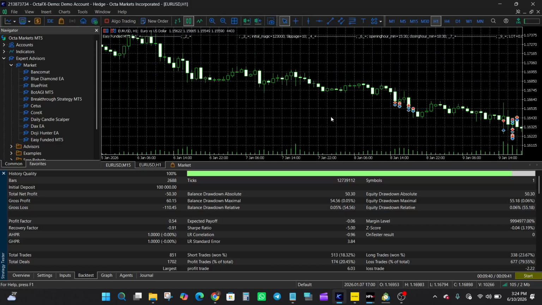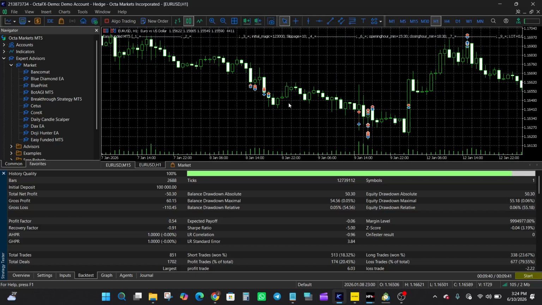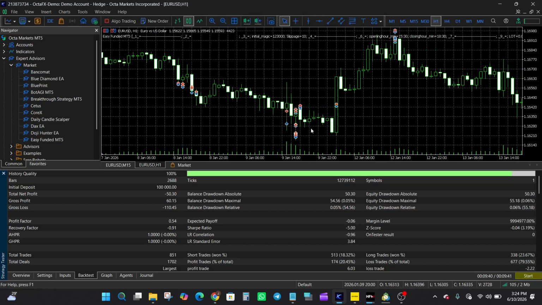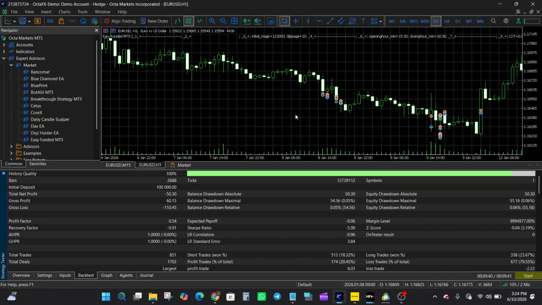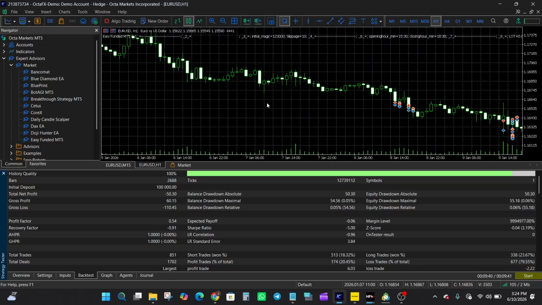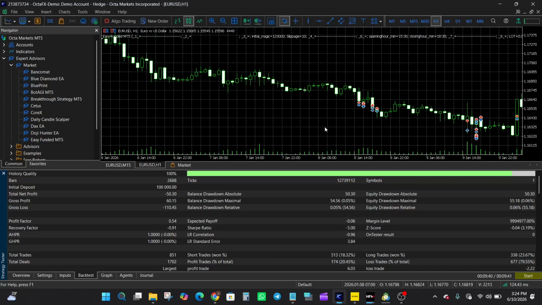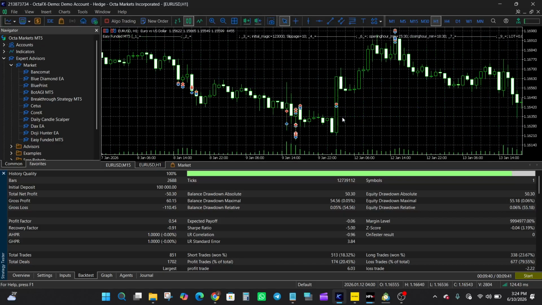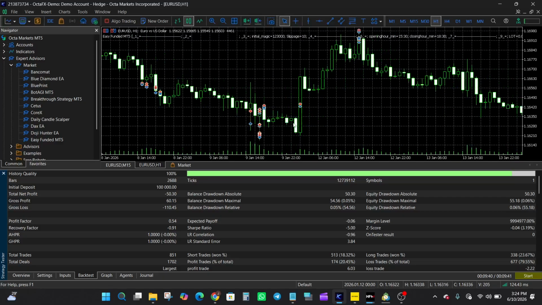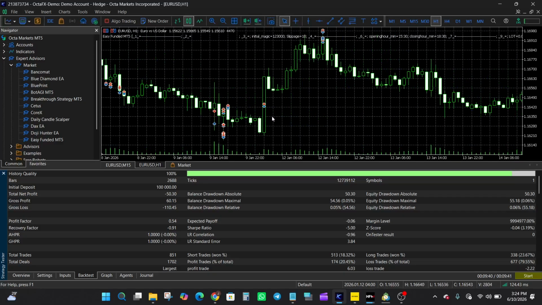And of course, one of the things I can observe here is how the EA targets short-term price movement, around areas where there seems to be prevailing momentum in the market. You will see how the trades seem to be around areas where momentum seems to sort of intensify, right? We can see these areas here.